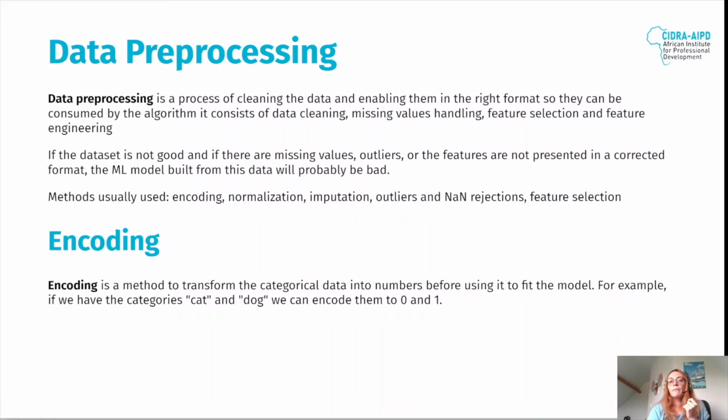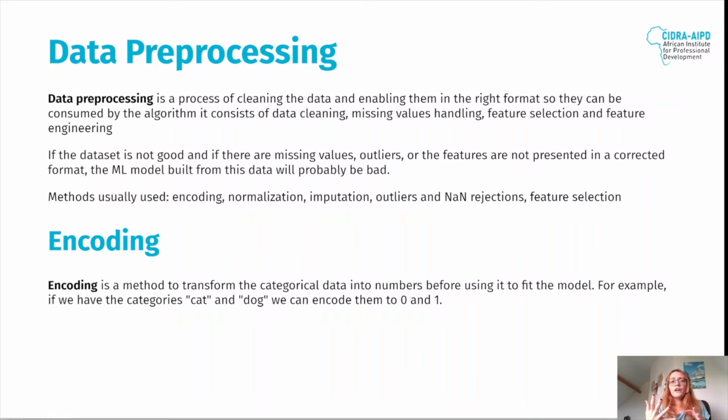So R, a bunch of packages in R, even though you have, for example, categories cat and dog, behind the curtains it is seeing them as numbers already, so you don't need to actually encode them. But other times that doesn't happen, so you need to actually go there and say cat, for example, is going to be 0 and dog is going to be 1.